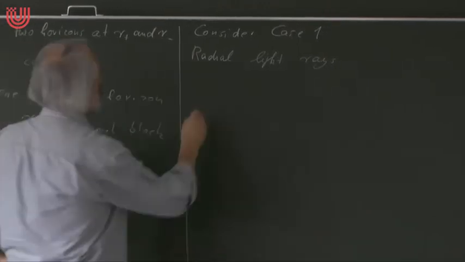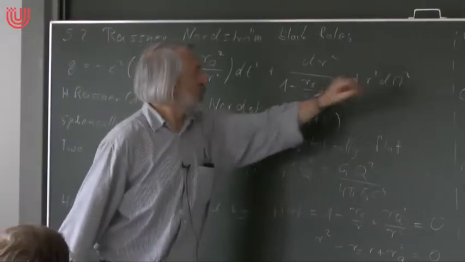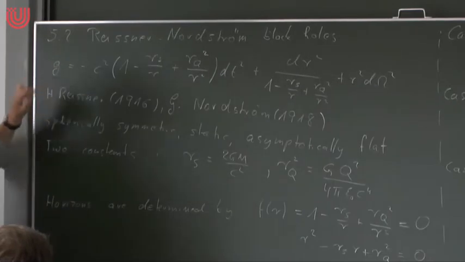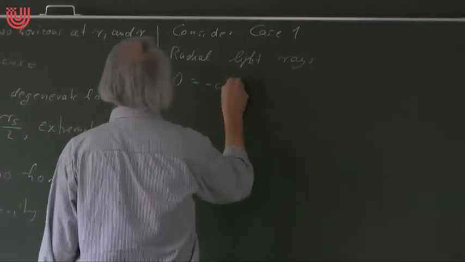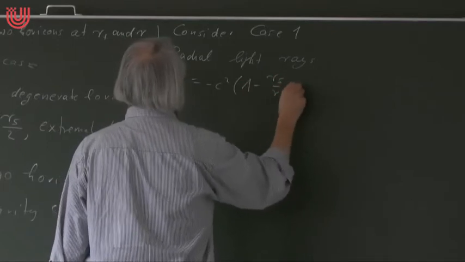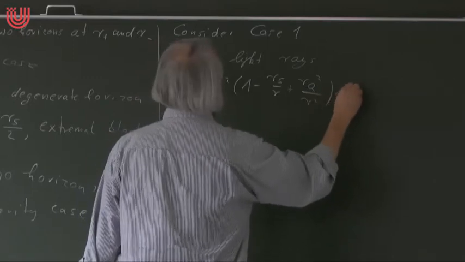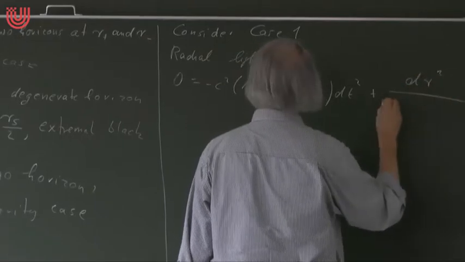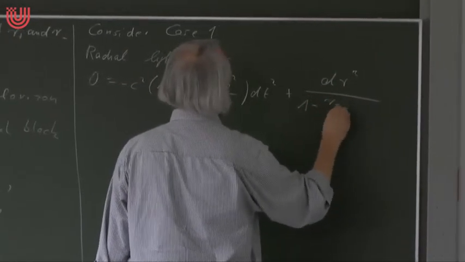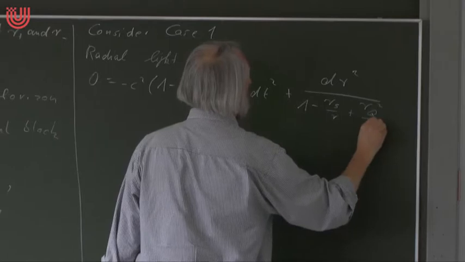Radial light rays, so they are given by what equation? I can read it from this expression here. Radial means this term is gone, and light-like means I have the tangent vector on the light cone, so I have a 0 here, and then I have minus c squared (1 minus rs over r plus q squared over r squared) dt squared plus dr squared over (1 minus rs over r plus rq squared over r squared).